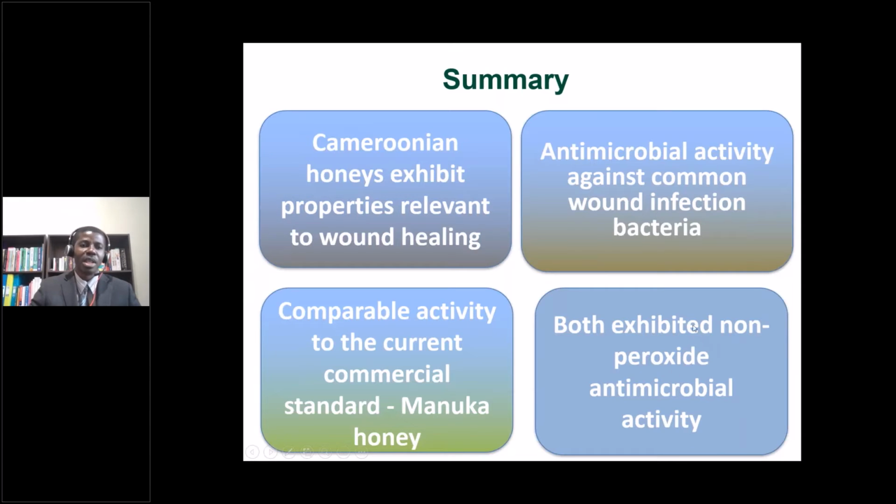And in summary, Cameroonian honey exhibits properties that are relevant to wound healing. We were able to show that the antimicrobial activities were very good against common wound infection bacteria.